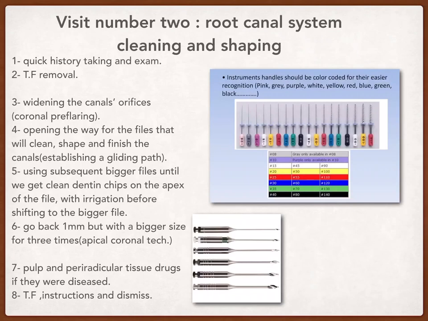During the next visit, which is the visit of the root canal system cleaning and shaping and finishing procedure, we will do a quick history and exam to the teeth, and specifically the tooth that is intended. We will remove the temporary filling, and then we will do three things.